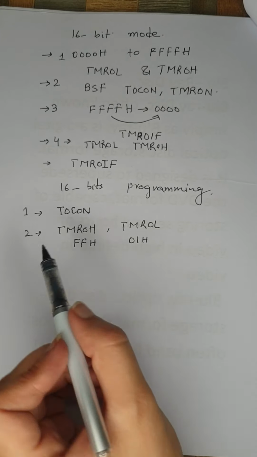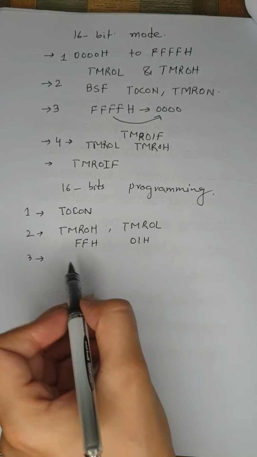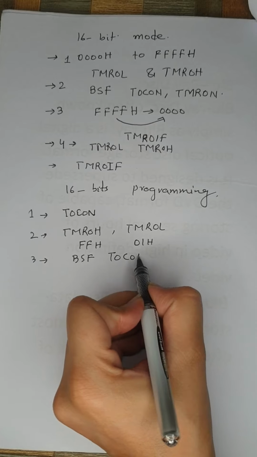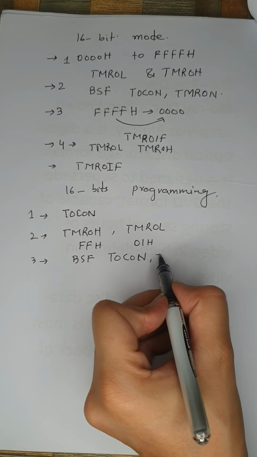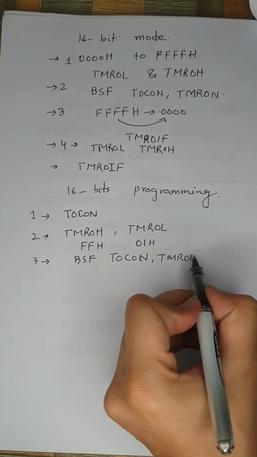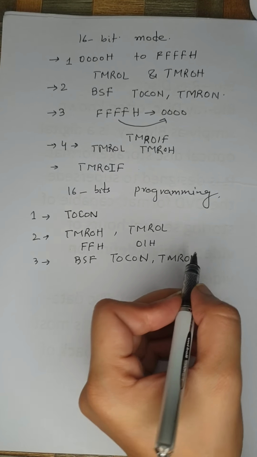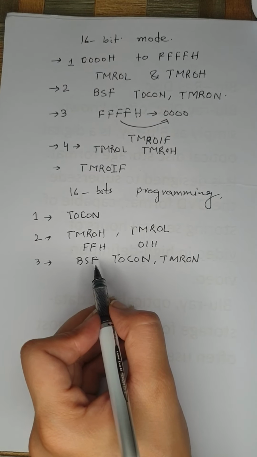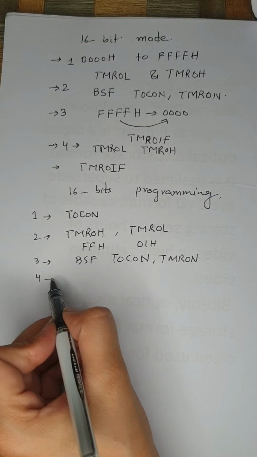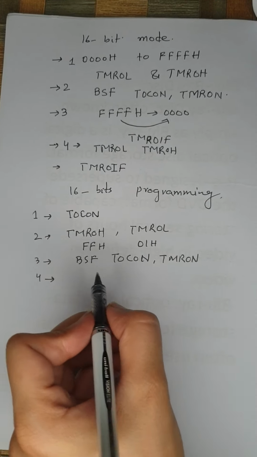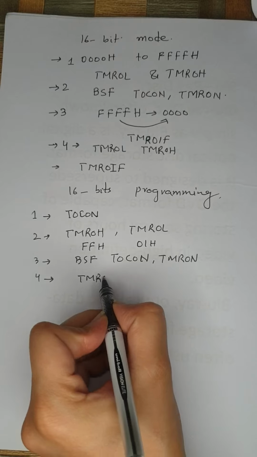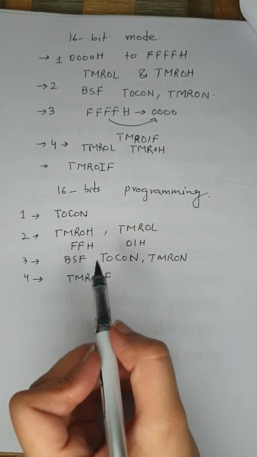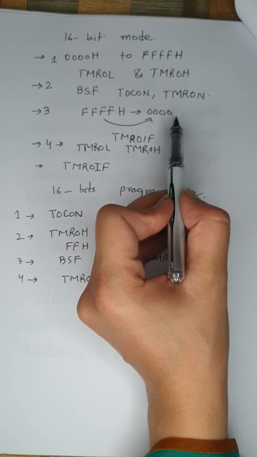Okay, the third step is to start the timer using the command bit set flag timer 0 control register, and that is the timer 0 on bit. So this bit of the timer 0 control register will be set to 1, indicating to start the timer. The fourth step is to keep monitoring the timer 0 interrupt flag, meaning whether the timer has rolled over from FFFF hex to 000 hex or not.